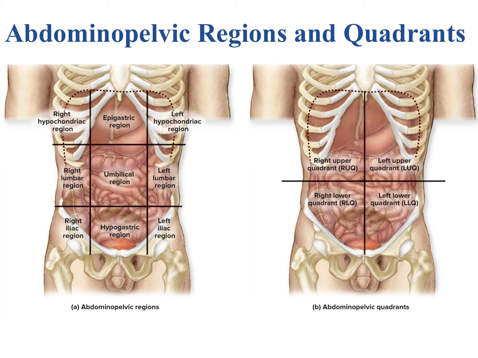So when you see hypogastric, you might think it's under the stomach. It's actually under the umbilicus, right? It's well down, center row, bottom. And then left and right iliac regions are on either side of that hypogastric region, and they correspond with your hip bones. Your hip bones are what's called the iliac crests, okay? And so those are your right and left iliac regions.